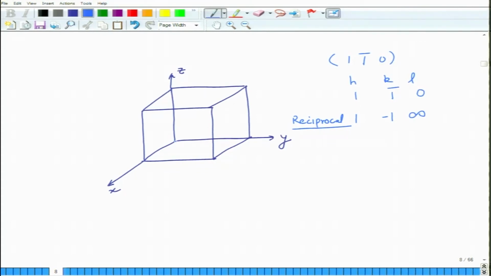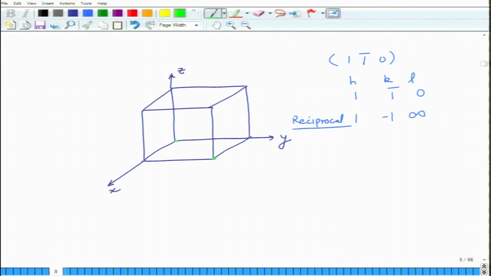If I keep this as the origin, I can only go positive in x, positive in y and positive in z. However, if I shift my origin here, I can go in positive x, and if I go in that direction, I go in negative y, and this is important to be within the unit cell. So, this is the intercept on x, this is the intercept on minus y, and there is no intercept on z, which means it is parallel to z, it is infinity.